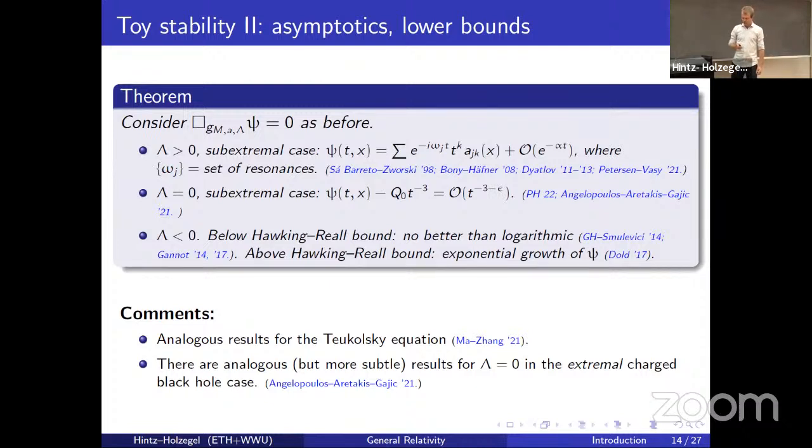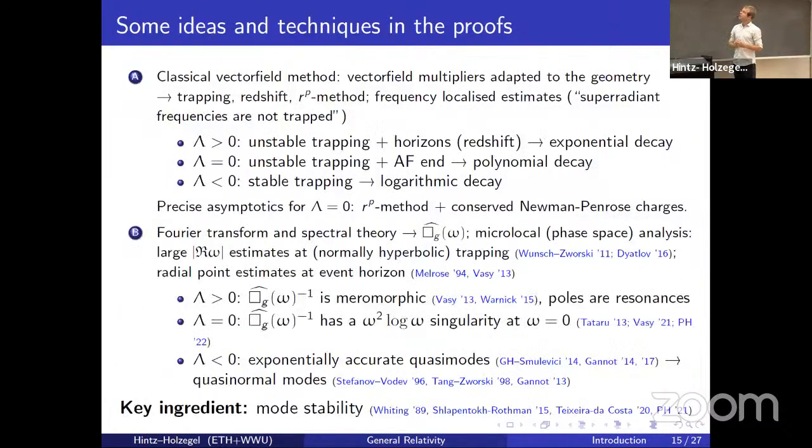If the parameters of these black holes violate a certain physical so-called Hawking-Reall bound, then Dold actually constructed exponentially growing solutions. There are also analogous results on sharp asymptotics proved by Ma and Zhang for the Teukolsky equation, which is a particular scalar wave type equation that governs one component of the linearized Weyl tensor in the linearized Einstein theory. Okay, some ideas and techniques used in the proof.